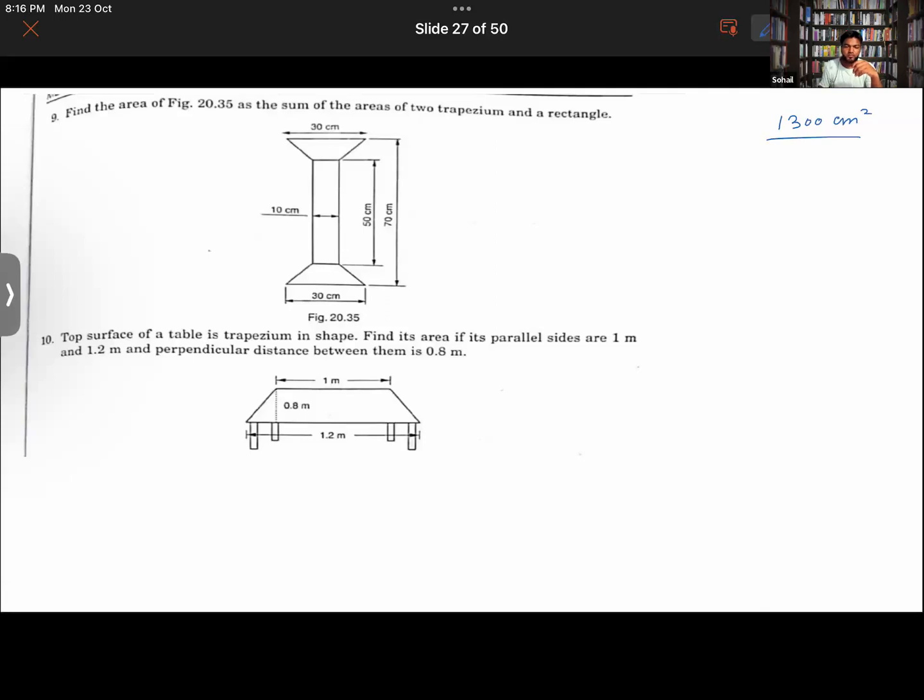Ahmed, what about you? You got the answer? Yes, Ahmed. Arham, you attempt the next question, question number 10.